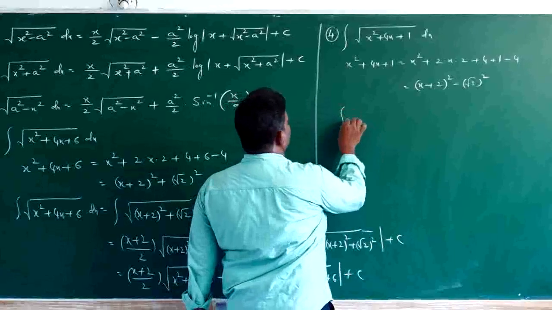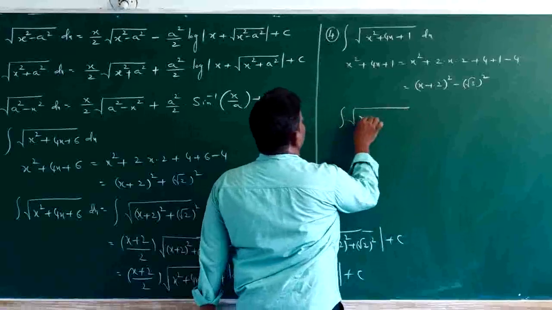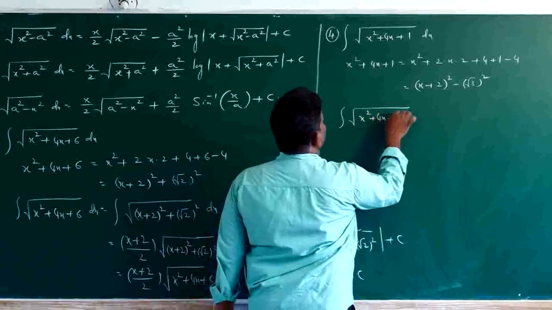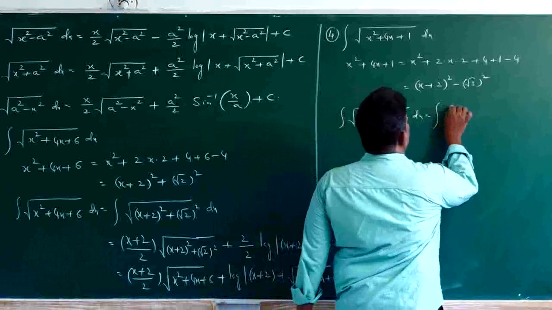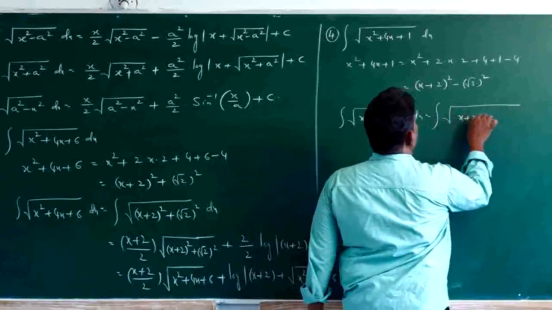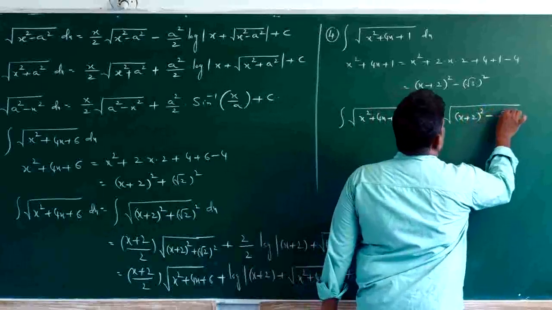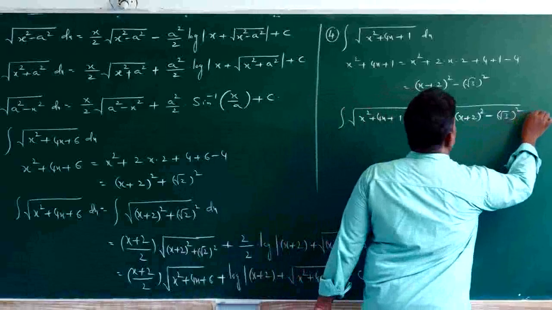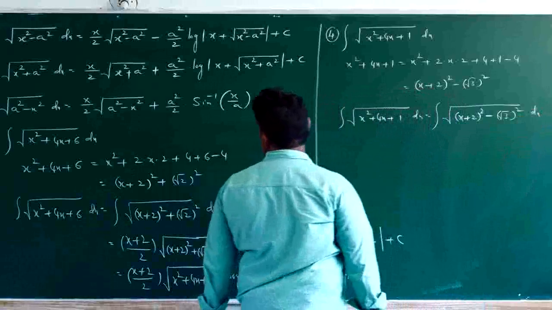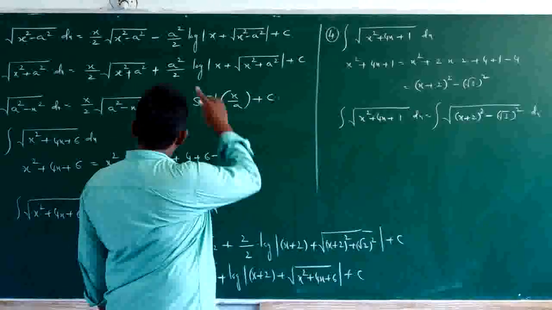Then the integral of square root of x square plus 4x plus 1 dx is equal to the integral of square root of (x plus 2) whole square minus (root 3) whole square dx. Now which formula do we substitute? This one, x square minus a square, the first formula.